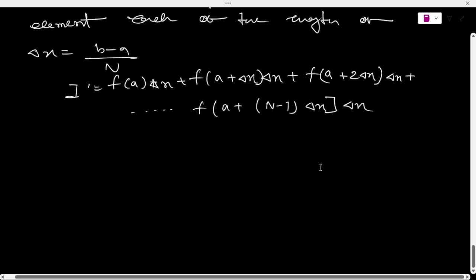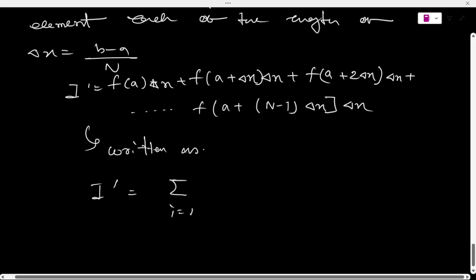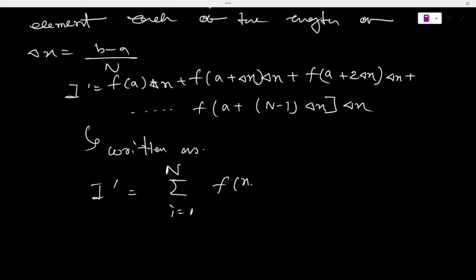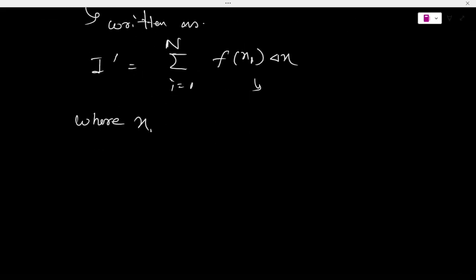So it may also be written as the integration I, which is basically the summation of i equal to 1 to n of f of xi del x, where xi takes the values a plus del x, a plus 2 del x, and so on up to b minus del x.